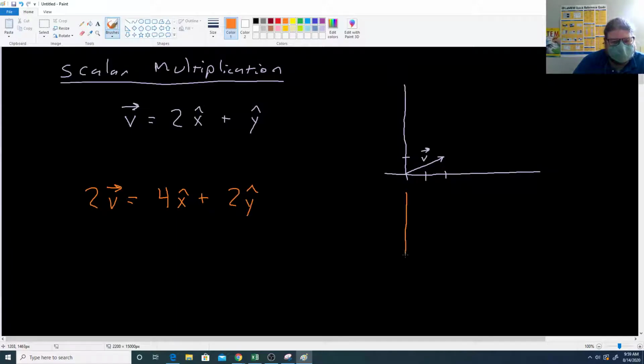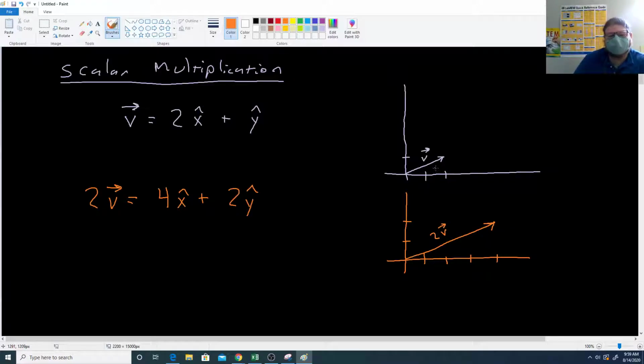If we draw that vector, keeping our x tick marks the same distance and the y tick marks the same, this now goes 4 units to the right and up 2 units. And this would be our vector 2v.